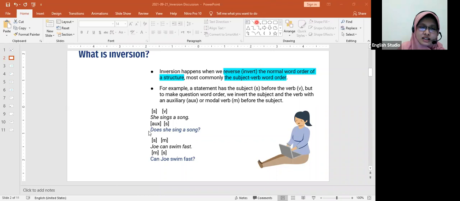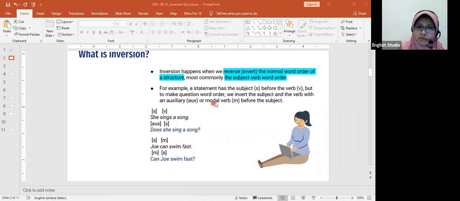Okay. Following the usual pattern, we put a subject first, followed by the verb. But when it comes to inversion, we need to reverse the order by using an auxiliary. The auxiliary here is does, because this is third person singular, she. Does she sing a song?